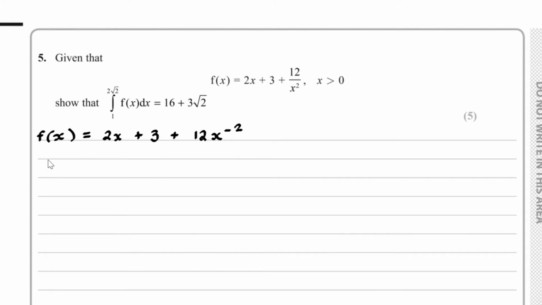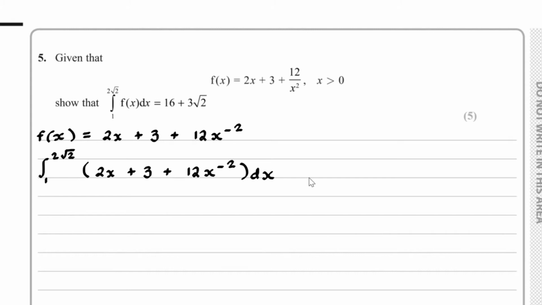And so if I were to integrate f of x in between 1 and 2 root 2, what I would have to do here is integrate this result here with respect to x.